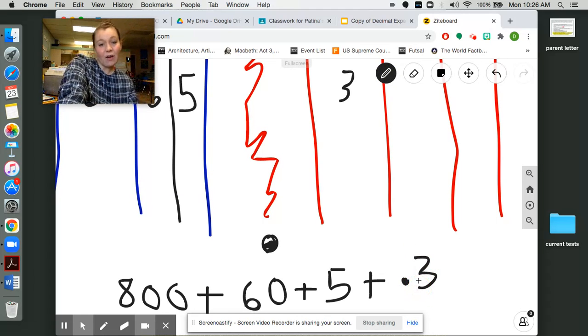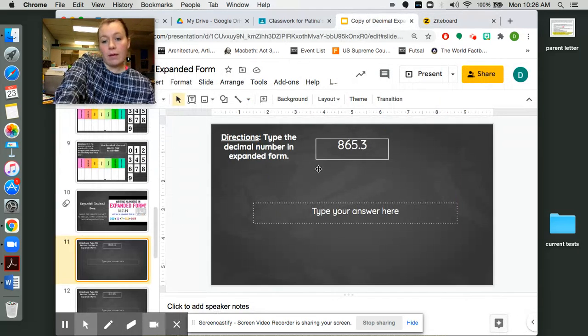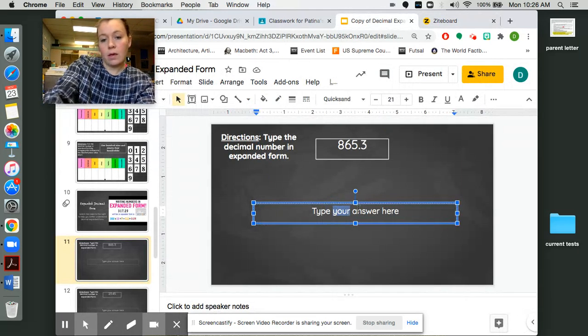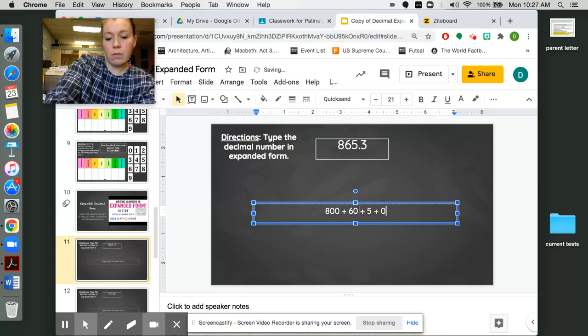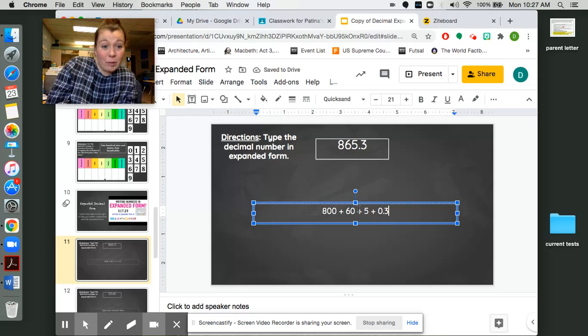So that is how you would do it in expanded form. So then I would go over here and I would type 800 plus 60 plus 5 plus 0.3 or 3/10. So that is my expanded form of that number.